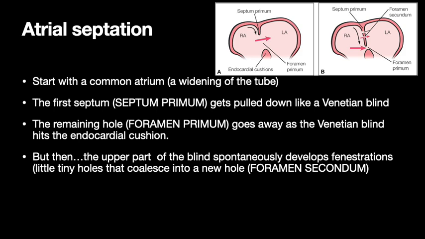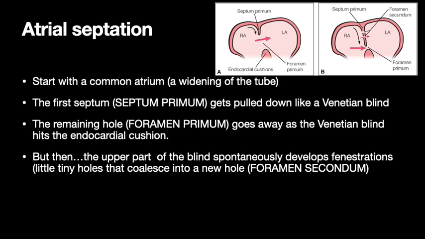And if you look at the picture there, you can kind of see that it starts as a little outpouching from the top of the heart between the two atria, and it gets pulled down like a Venetian blind. So you're pulling down the blind from the top, and you're pulling it toward the crux of the heart.